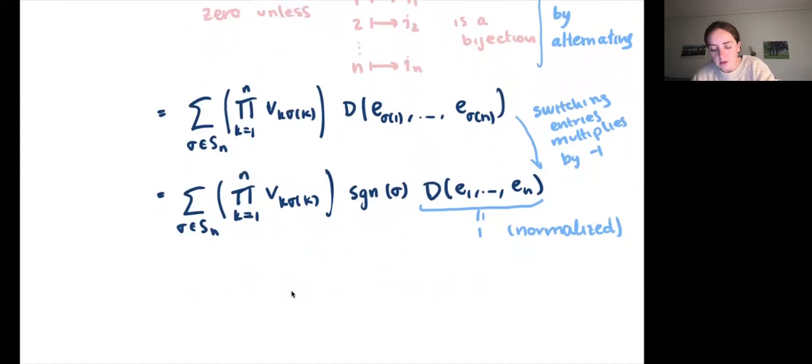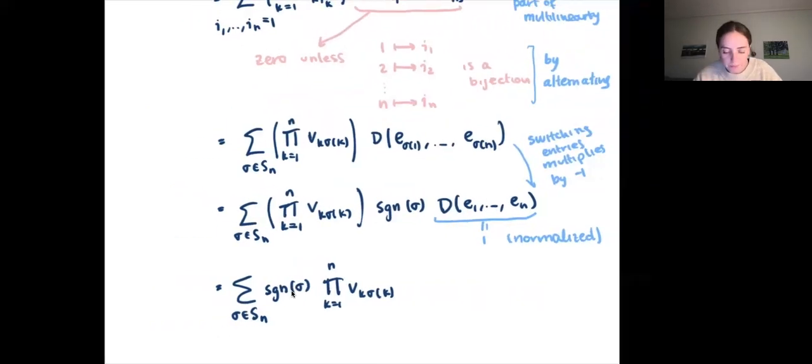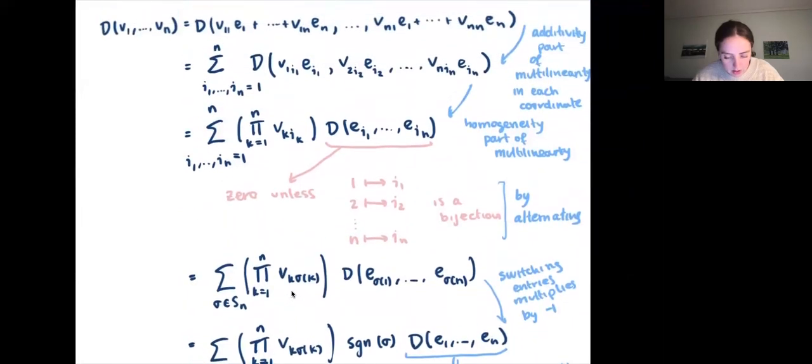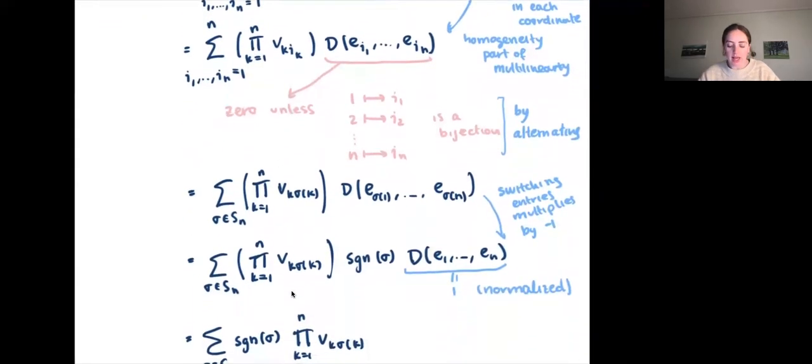So then this whole thing comes out to the sum over sigma in Sn, sgn of sigma, times the product as k equals 1 up to n, v_k sigma of k. Okay, so what is left?